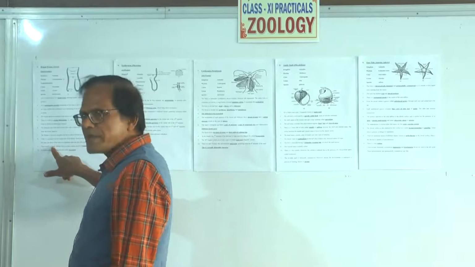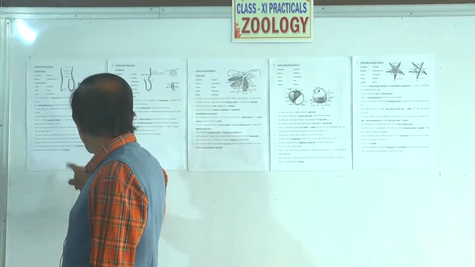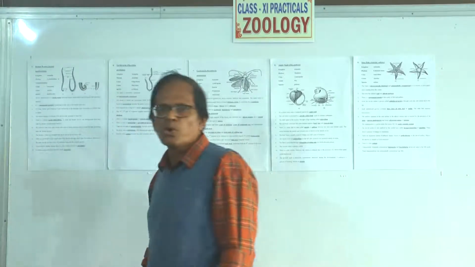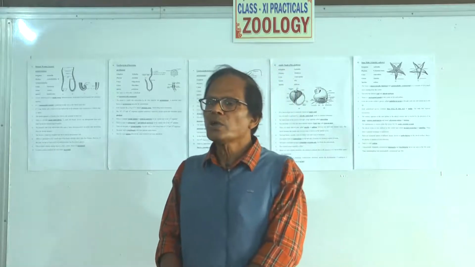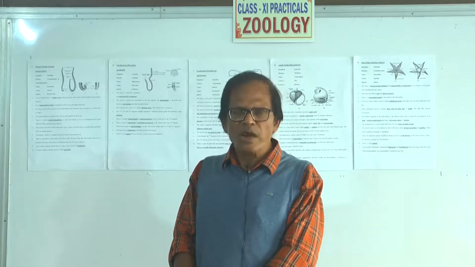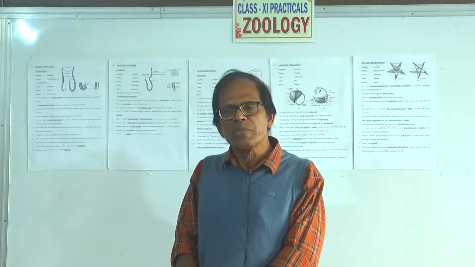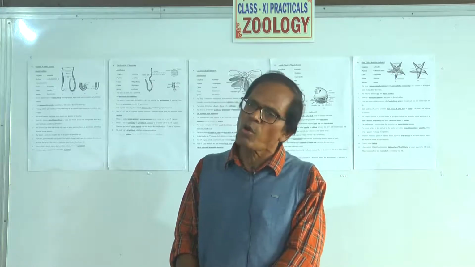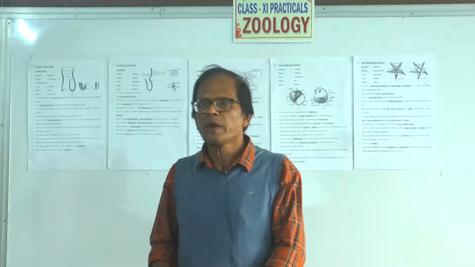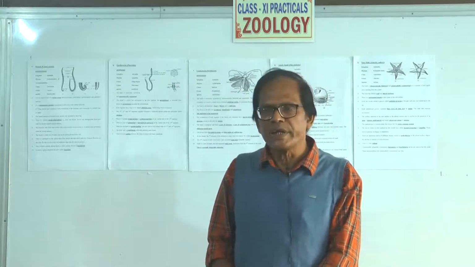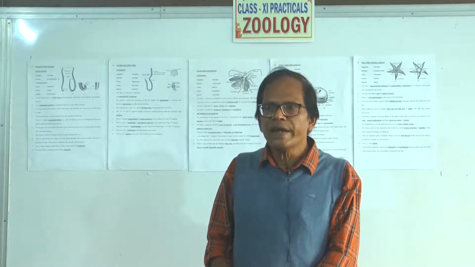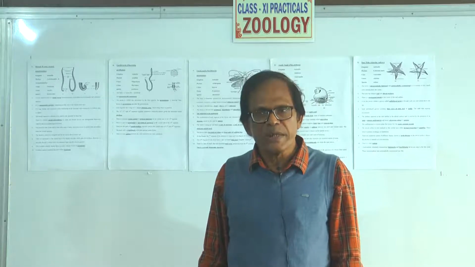A true coelom is absent. Instead, there is a false coelom known as pseudocele. So let's know in one sentence the difference between a true coelom and a false coelom or pseudocele. A true coelom is a cavity that is lined on both sides by mesoderm.